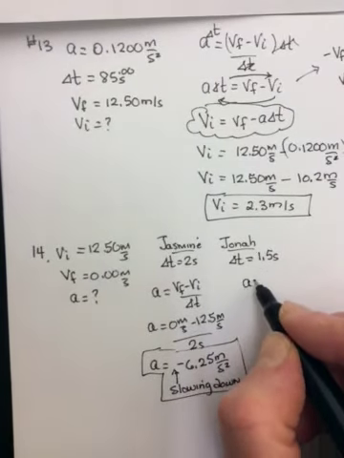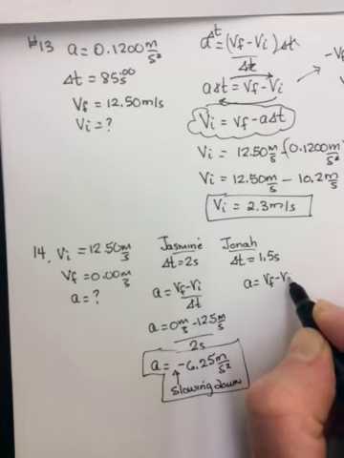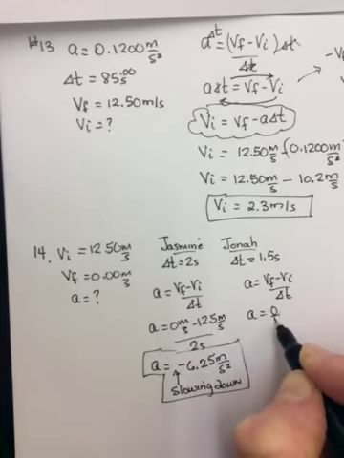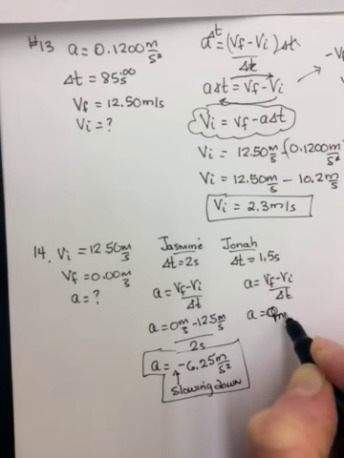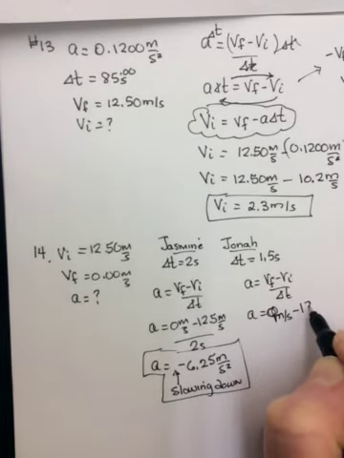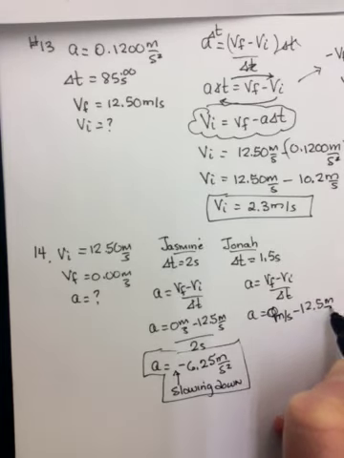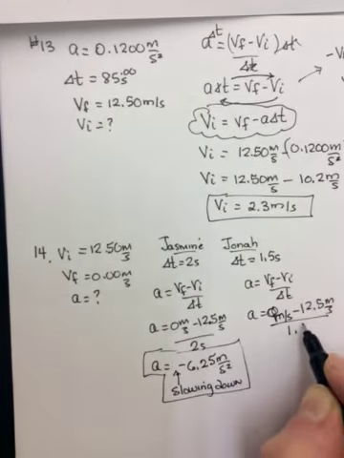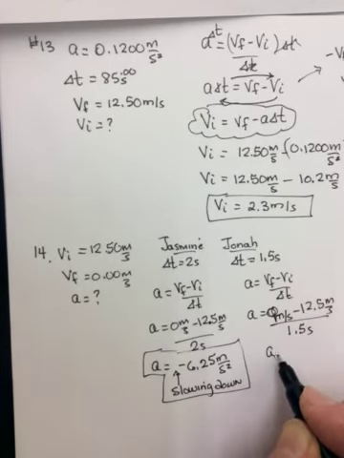For Jonah, exactly the same equation, VF minus VI over delta T. A is equal to 0 meters per second minus 12.5 meters per second. And this time, though, it's only divided by 1.5 seconds.